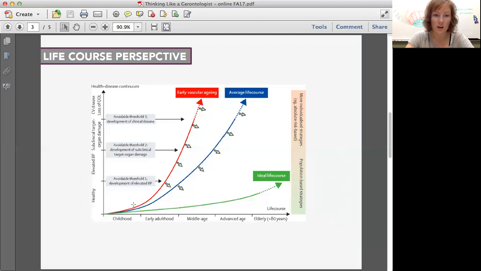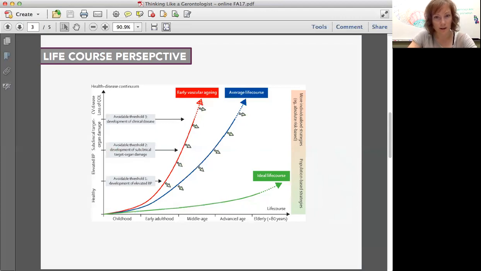So here's a great example when we're looking at heart disease and the possible trajectories across the life course. Someone who in early childhood maybe had things like obesity and wasn't very physically active, and maybe a genetic predisposition to that, might be the red trajectory. So you get someone who in early adulthood already has elevated blood pressure, and up into older middle age, they may have had some organ damage to their heart, and by the time they're into middle age, they already have cardiovascular disease.